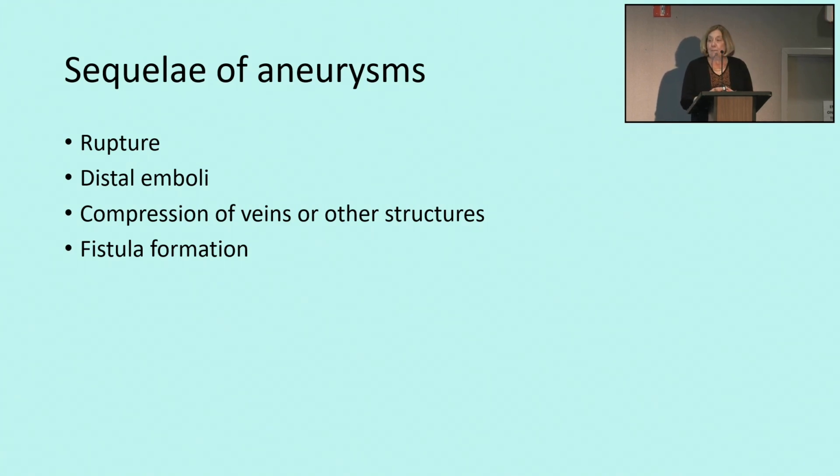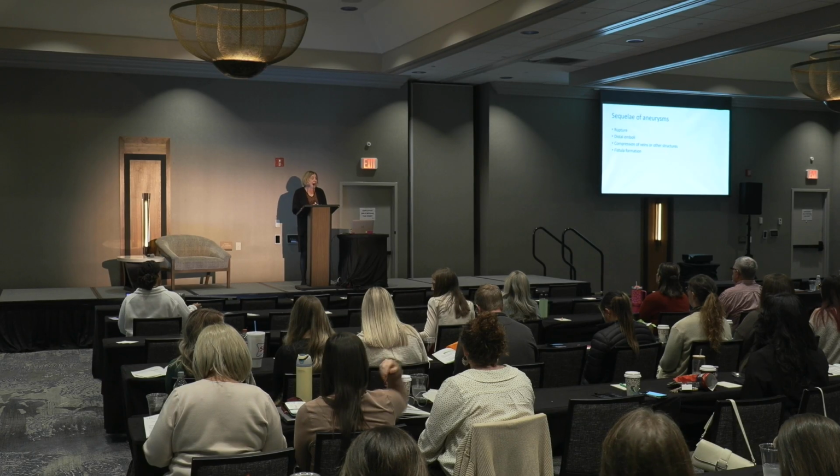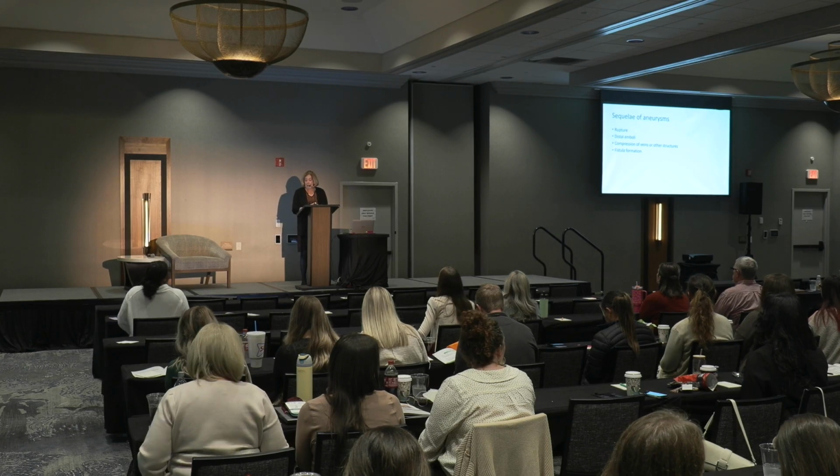But we want to think about also those other symptoms and signs of that, and importance of knowing when we need to say, whoa, this is big enough that we're worrying about rupture. Distal emboli is always there in the background as a potential for our patients. And sometimes it's the first sign that you need to go and look for an aneurysm.